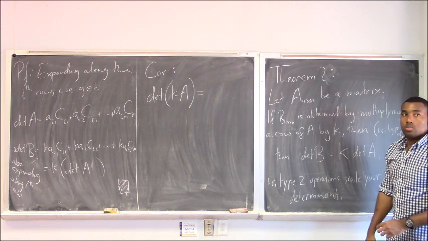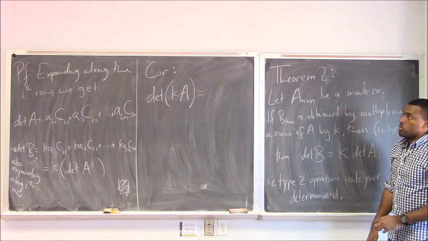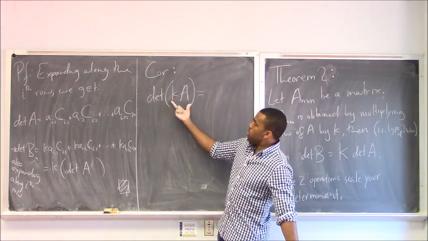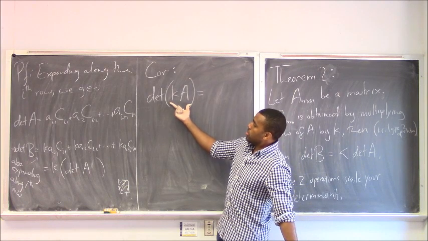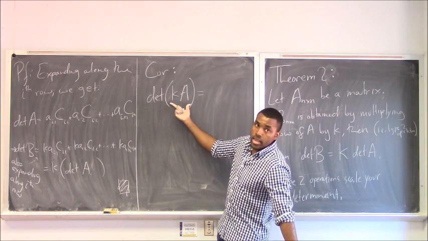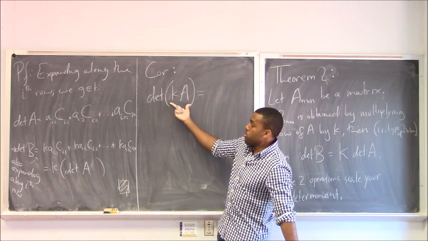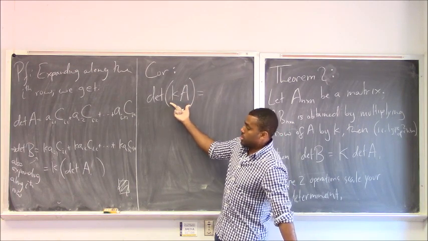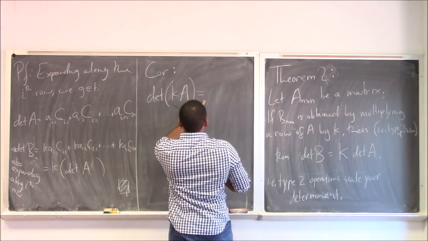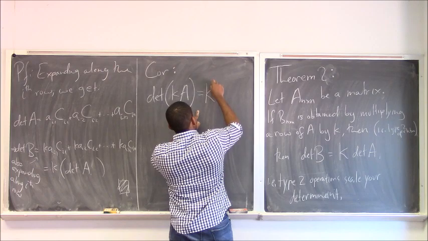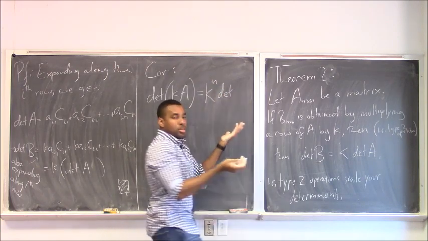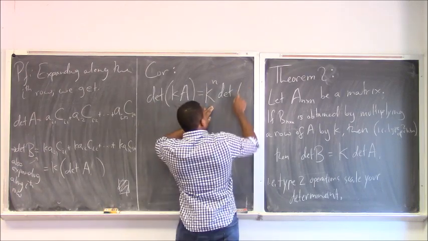No. When you say kA, what are you doing? That's multiplying every row. You're multiplying every row by k. Now, every time you multiply a row by k, what happens? It scales up by a factor of k. So how many times should that be? The number of rows. Right. That many times. So k raised to the number of columns? Rows. Well, number of rows is the same as number of columns. It's going to be k to the n times the determinant of A.